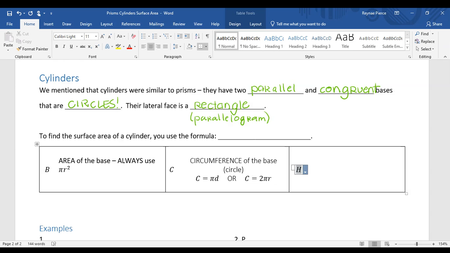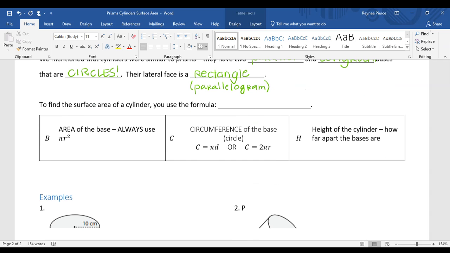All right, but H still represents the height of the cylinder. Okay, so again, you ask yourself, how far apart are those circular bases? Okay, so we'll do 2 examples here, and then you guys can get onto your DMR.